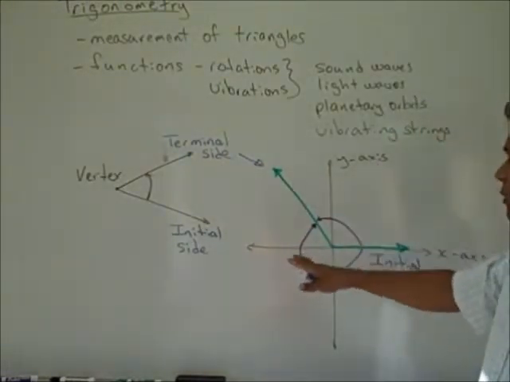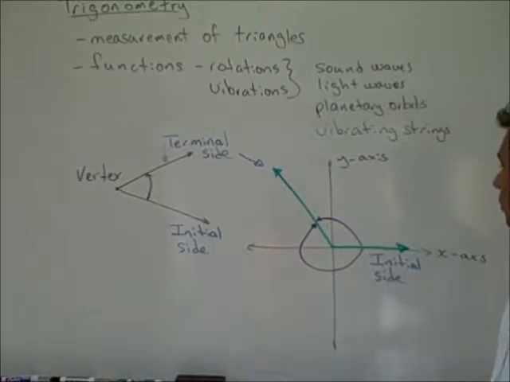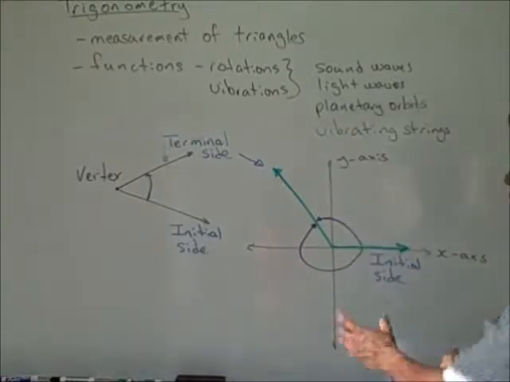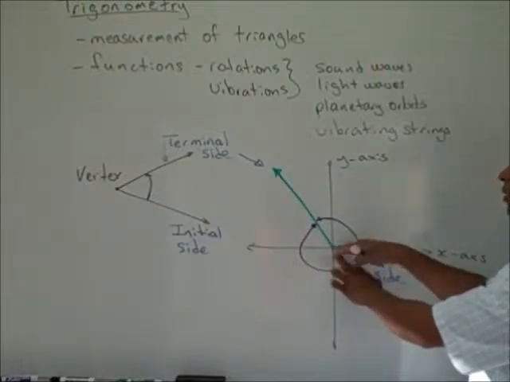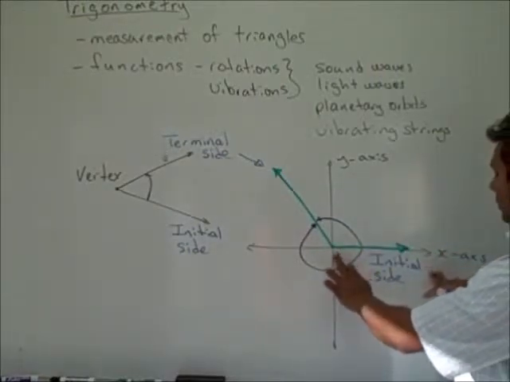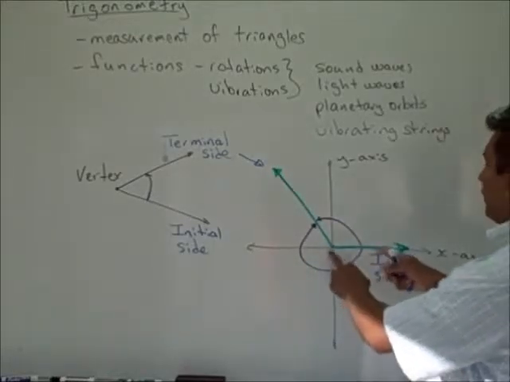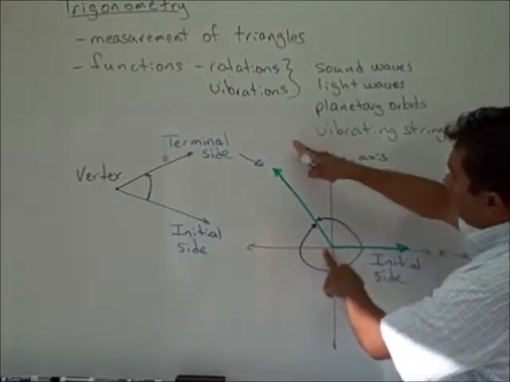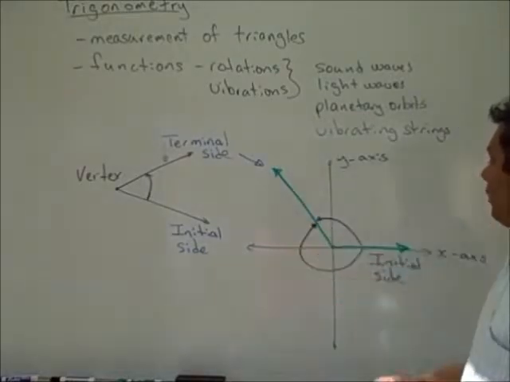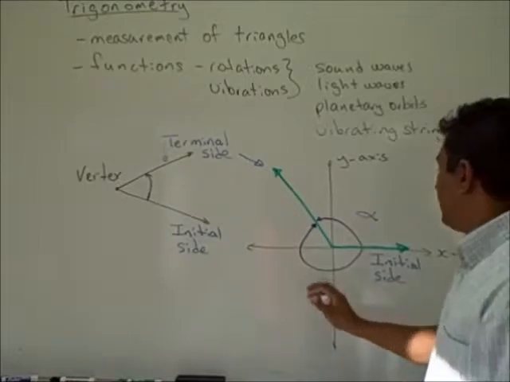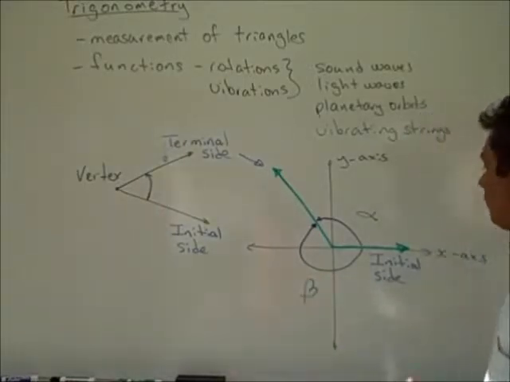An angle can also be represented in our rectangular coordinate system. Here we have our x-axis and our y-axis, where the initial side is on our positive x-axis and the vertex is at the origin. If we rotate our ray around, we produce this angle here, which we could call alpha, and this angle here, beta.